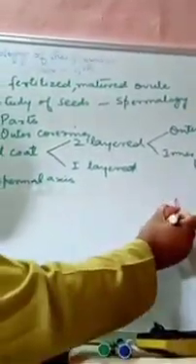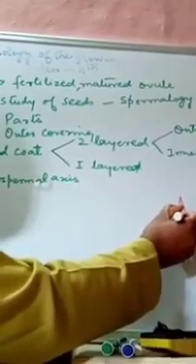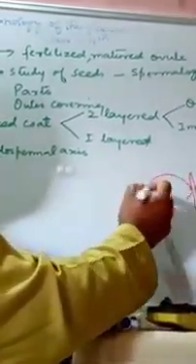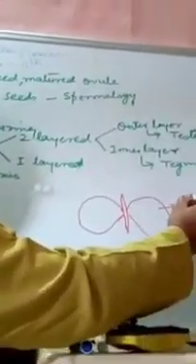It is very minute, and in case of the dicotyledons it has got these two structures which are called cotyledons.